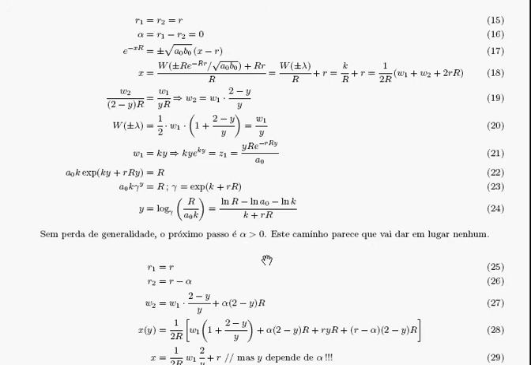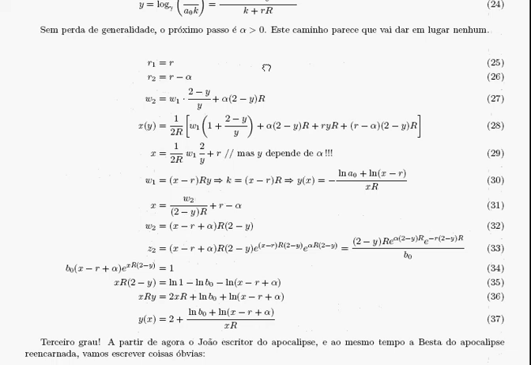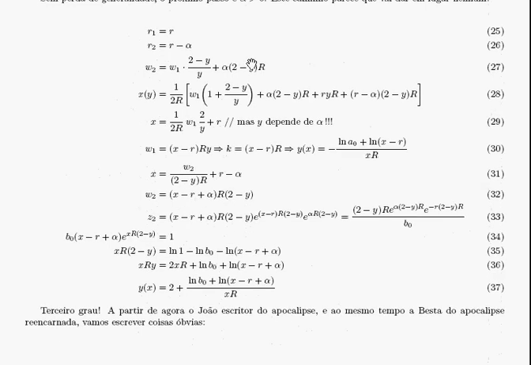What happens when alpha is greater than 0? We go into nowhere. Here appears alpha. The same way appears alpha here and here. We know x is 1 over 2r, but y depends on alpha, so alpha is not cancelled.